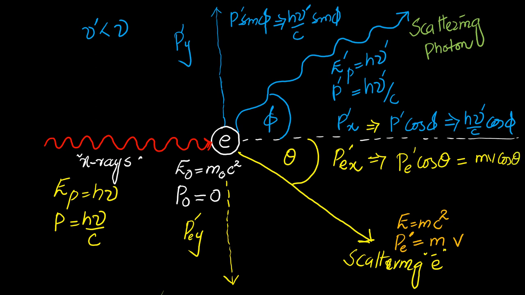Similarly, the momentum of the electron along the y-axis, p e y, is p prime into sine of theta. So we can write mv into sine of theta for the momentum of the electron along the y-axis.